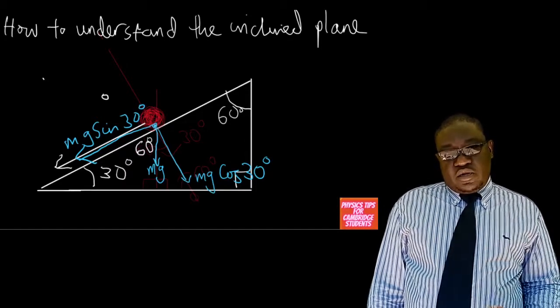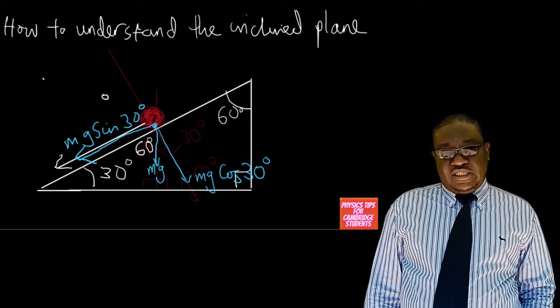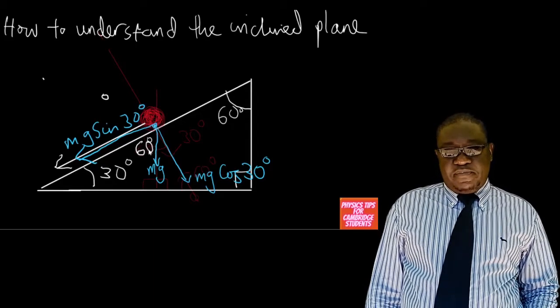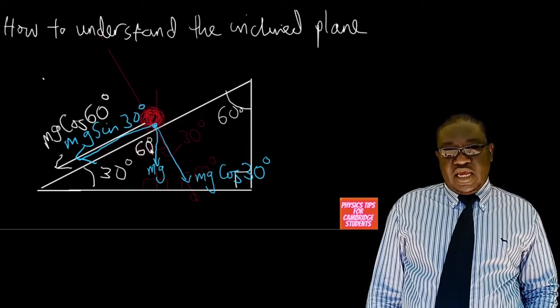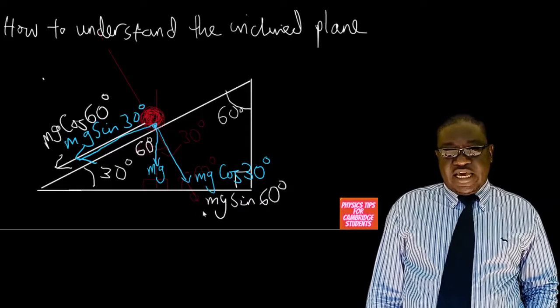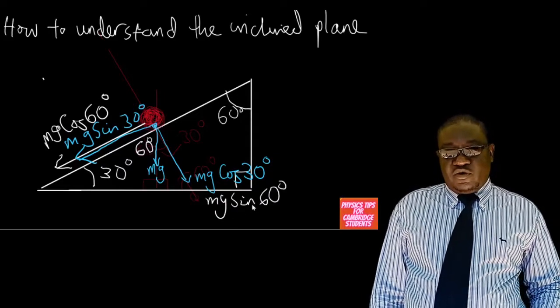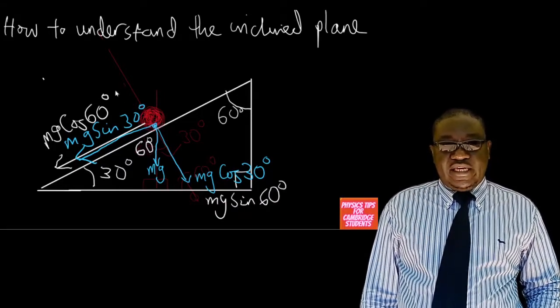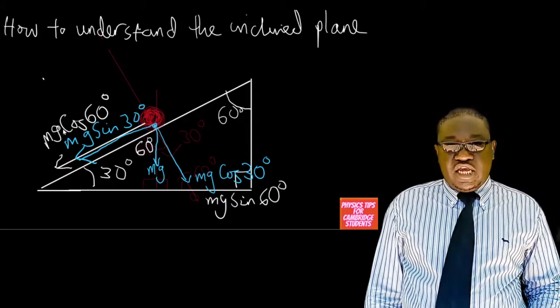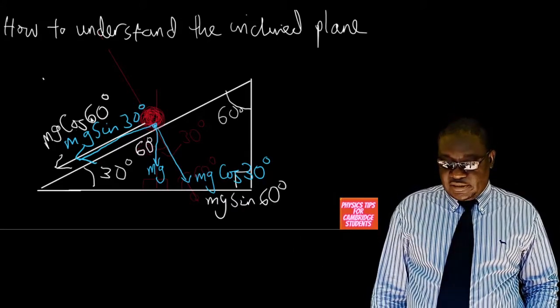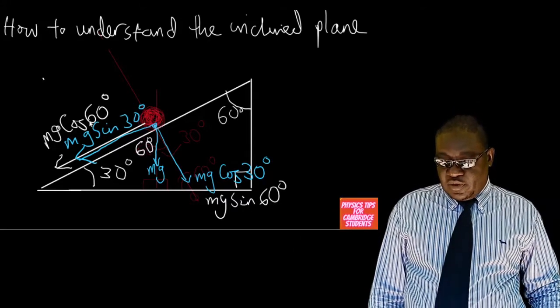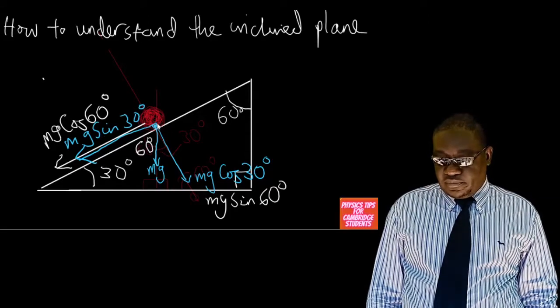Now, if we use the angle 60 degrees, the component perpendicular to the plane is going to be mg sin 60 degrees, and the component parallel to the plane is going to be mg cos 60 degrees. I hope that is understood.